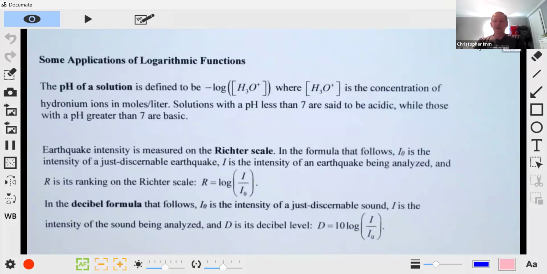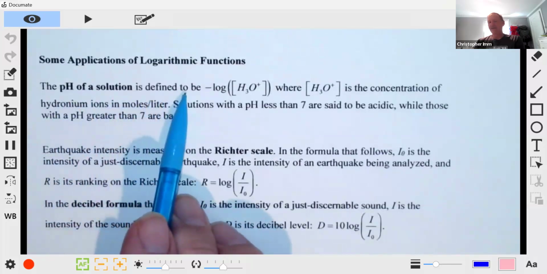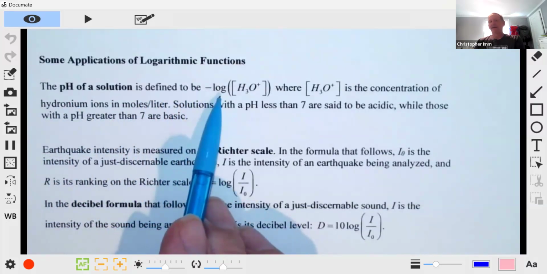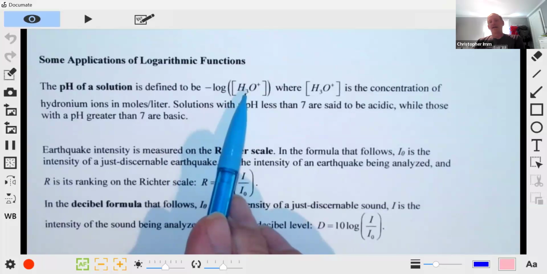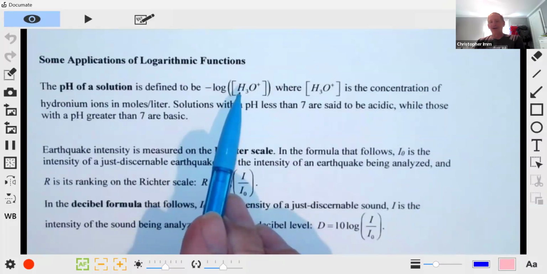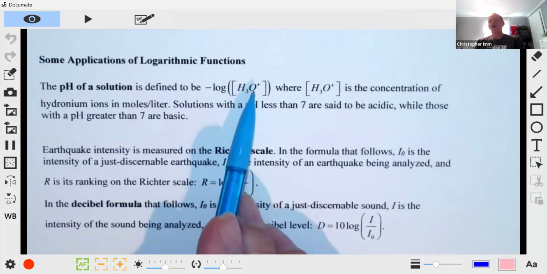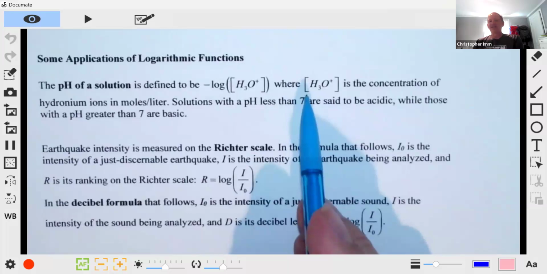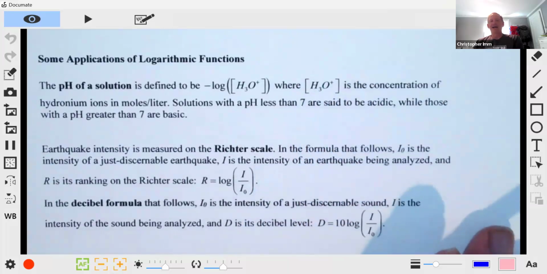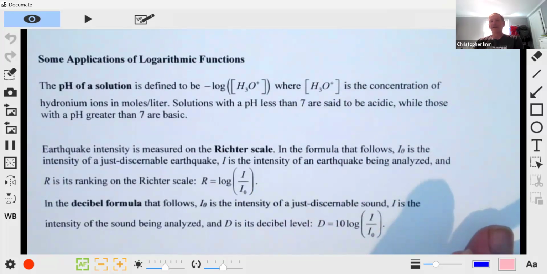The first thing we're going to look at here is, if you're taking chemistry or have an interest in that, the pH of a solution. So the pH of a solution is defined to be negative log base 10 of this hydronium ion, H3O plus, where H3O plus is the concentration of the hydronium ions in moles per liter.